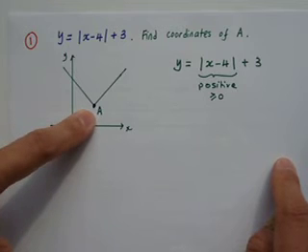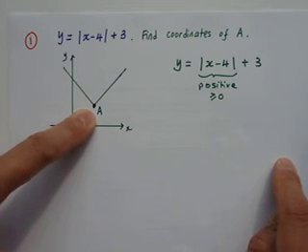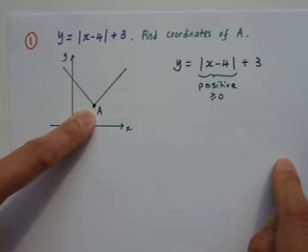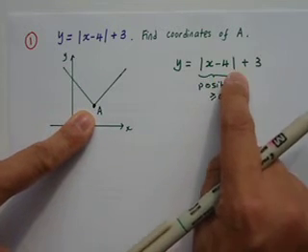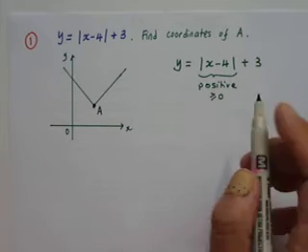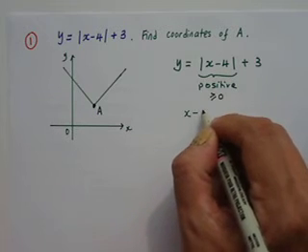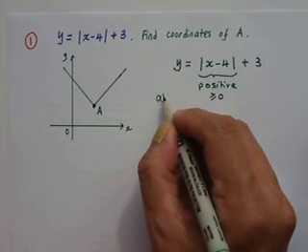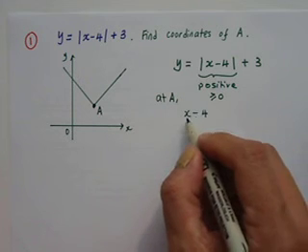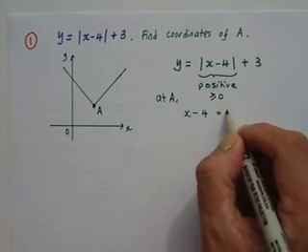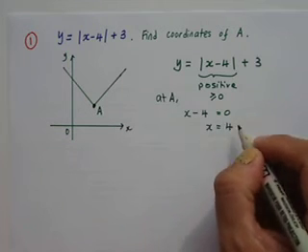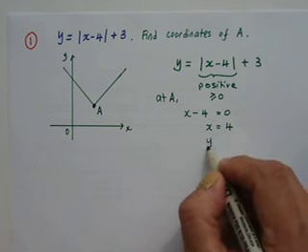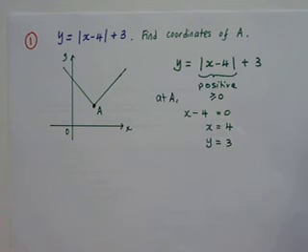If you look at the point A, it is the lowest point. So this occurs when this is 0, that means when x minus 4 is 0. So we say that at A, x minus 4 is 0, so x equals 4 and y equals 3.